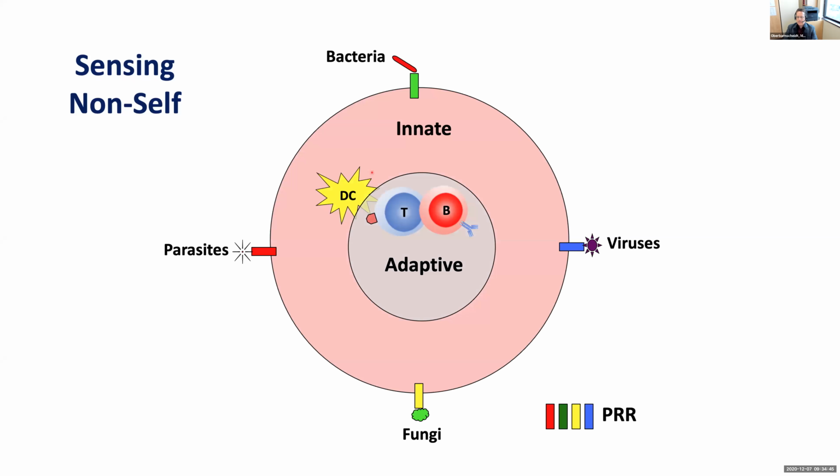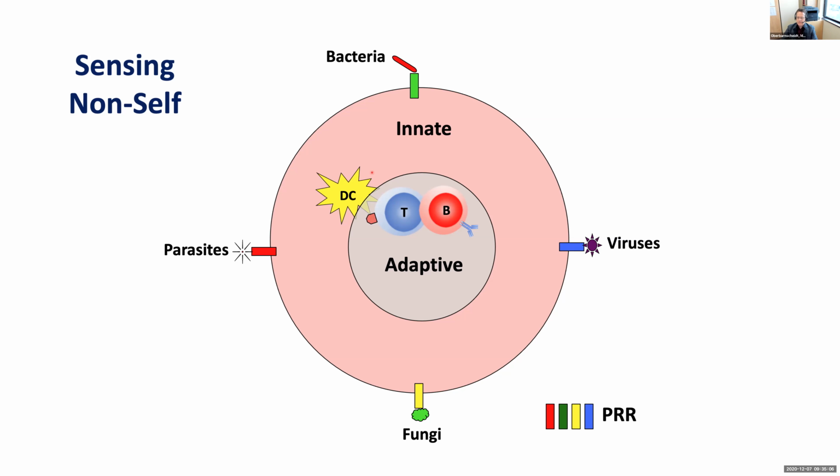And connecting this with our environment is the innate immune system. This is where we sense non-self, and this is primarily happening through pattern recognition receptors. We know fairly well this is how we respond to bacteria, viruses, fungi, and parasites.